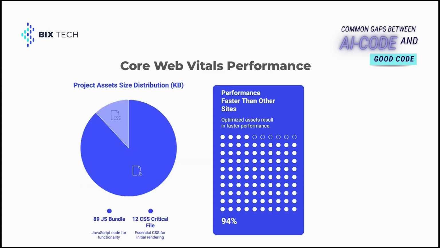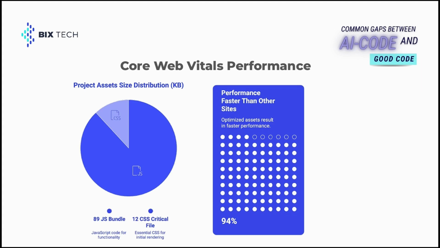The initial JavaScript bundle size is 89 kilobytes. The critical CSS is only 12, making a total first load of 101 kilobytes, which is faster than 94% of competing sites with ours. The compatibility we achieved works in 99% of browsers, with support even for Internet Explorer 11.